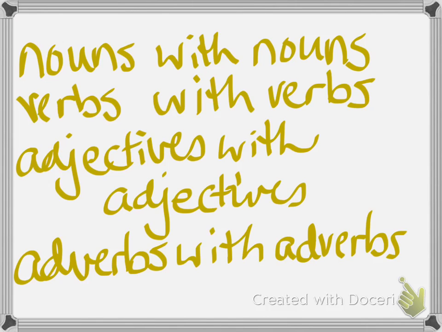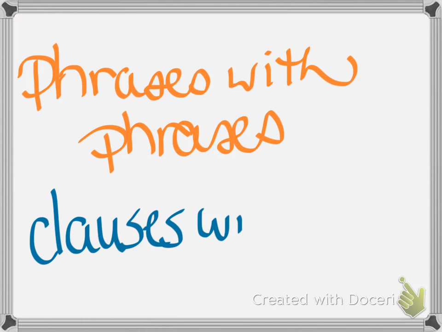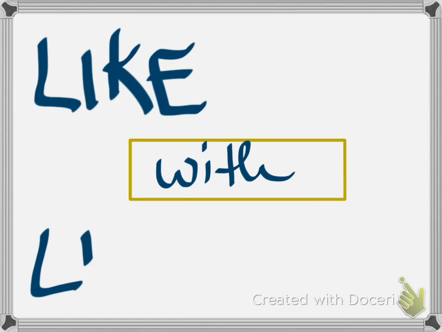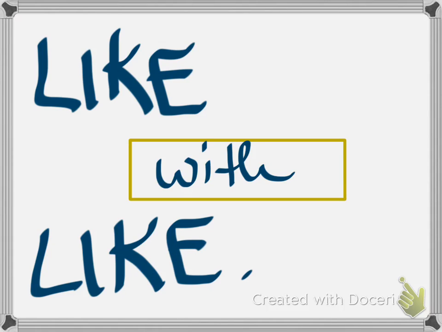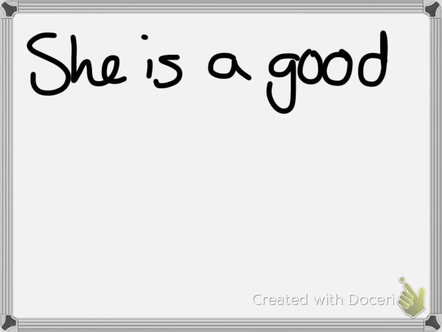You can't mix it up. So remember that like with like idea, because especially if you're doing writing for something like the TOEFL, the GMAT, or the First Certificate, that's one of those errors they're going to be looking for to see if you're translating or not.